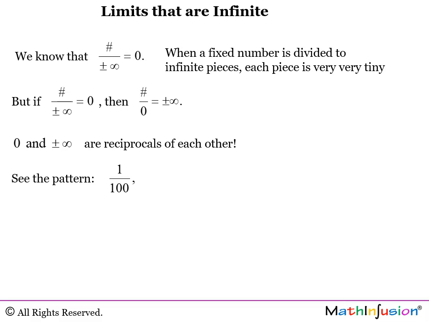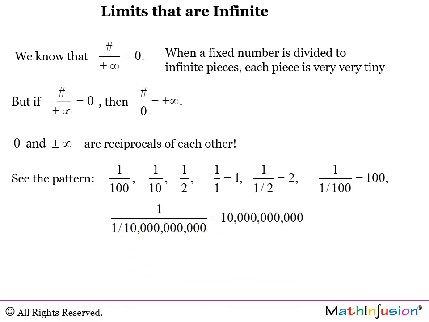We can see the pattern. I'm going now to take 1 and divide 1 by a smaller and smaller number each time. And you can see that we actually get a larger number. You can realize what will happen if I divide 1 by a very, very, very, very tiny number.